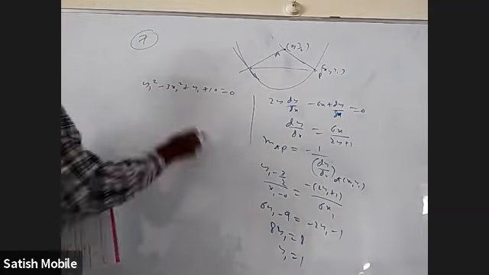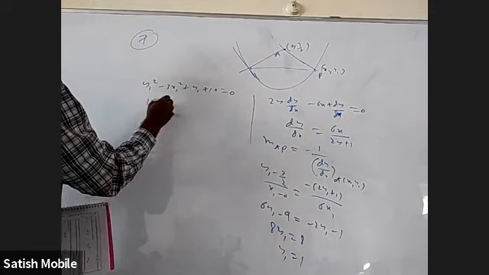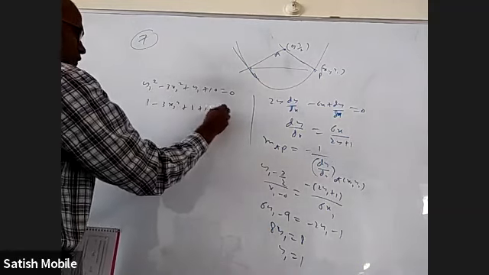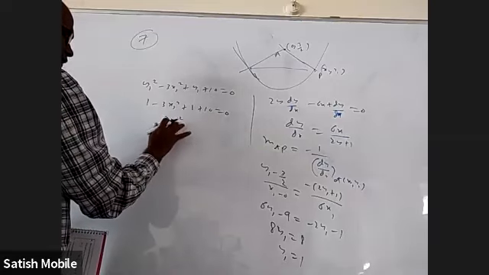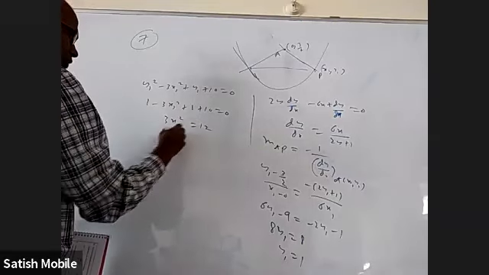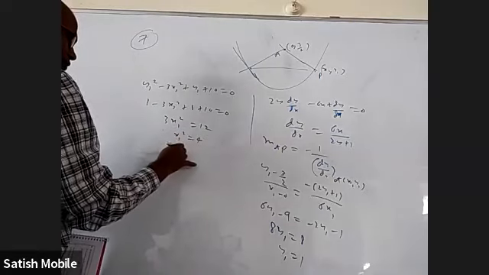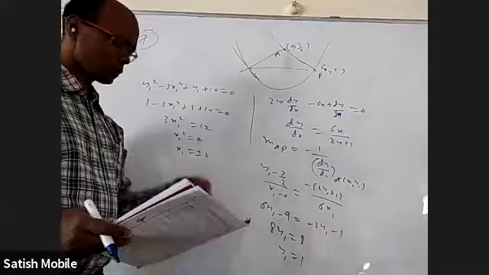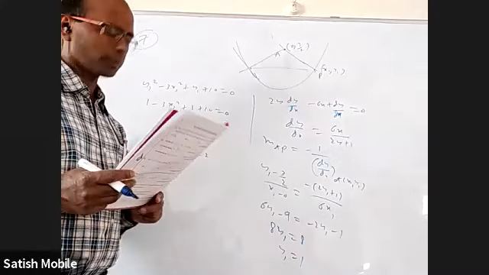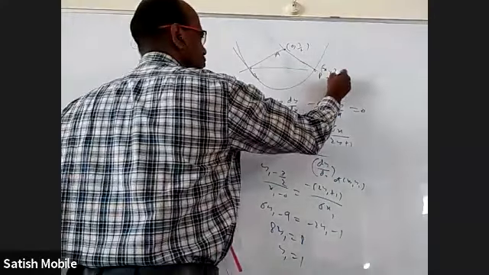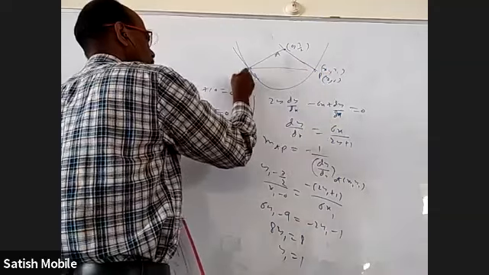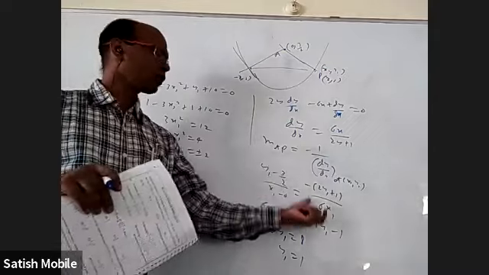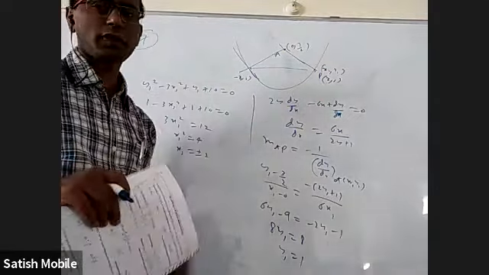So when you put the y coordinate as 1 here, 1 minus 3x1 square plus 1 plus 10 equal to 0. 3x1 square is equal to 12, x1 square equal to 4, x1 equal to plus or minus 2. So 2 comma 1 is okay, minus 2 comma 1 is also okay. So you can substitute here, or directly from the points you can find the slope of the normal.